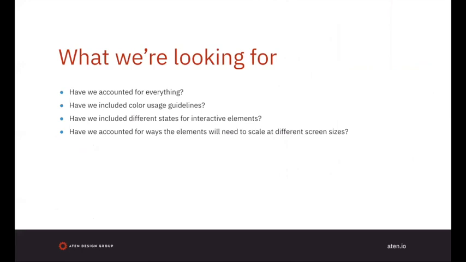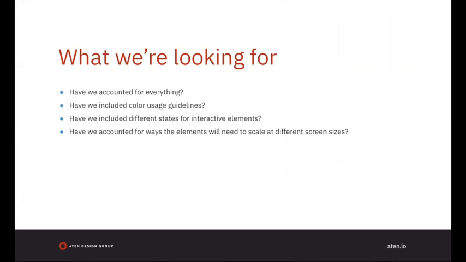So at this point in the process, this artifact's more developer-centric. But we do want to make sure that we've accounted for everything, that we've included how color should be used, the different states for interactive elements. Have we accounted for the ways that elements need to scale at different screen sizes?